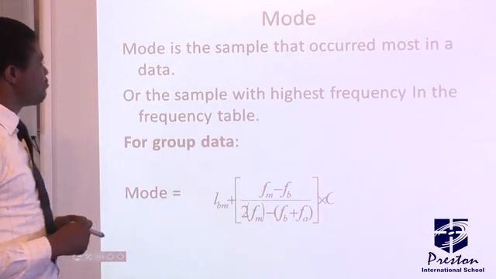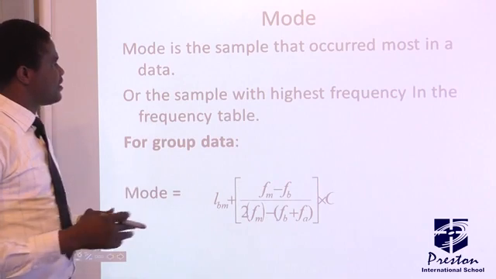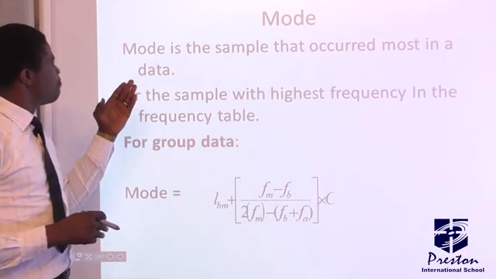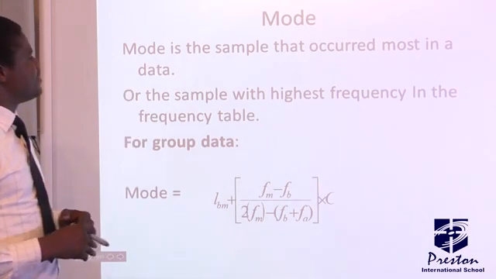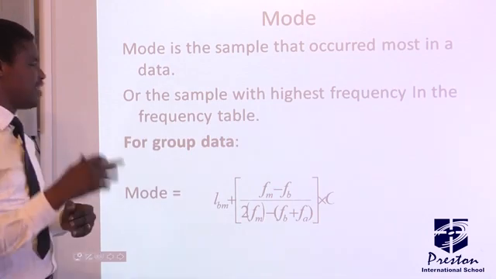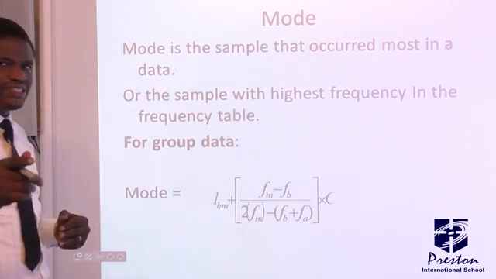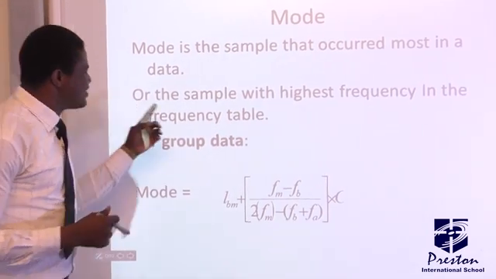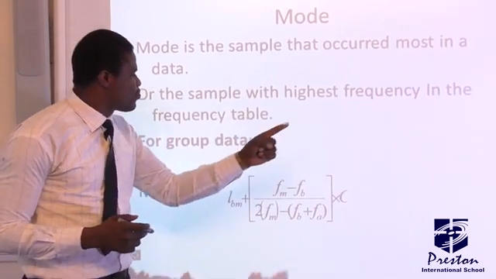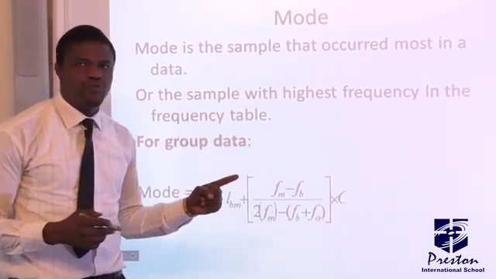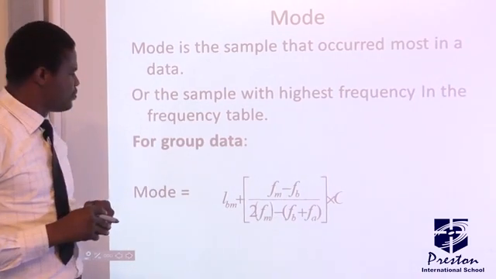Now, the next one we have under central tendency is mode. Mode is the sample that occurred most in the data. That is for discrete. Or the sample with the highest frequency in the frequency table for distribution.